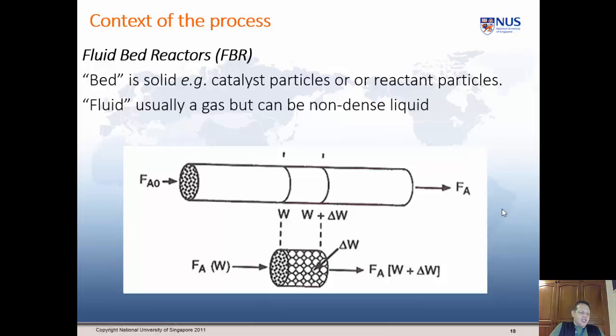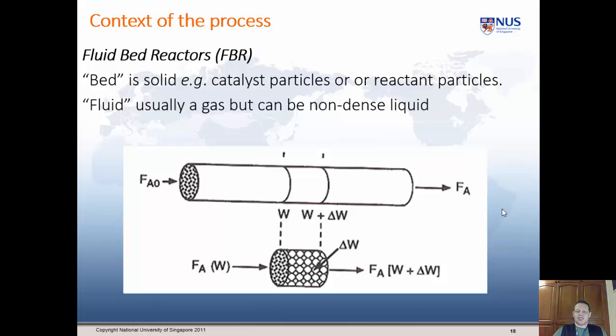Now, the other type of flow reactor is actually usually a gas reactor. Can be a liquid, but in this case it's a fluid bed reactor. The bed is a solid, usually catalyst particles or reactant particles, and the fluid is usually a gas.